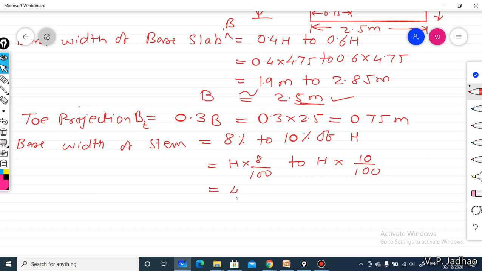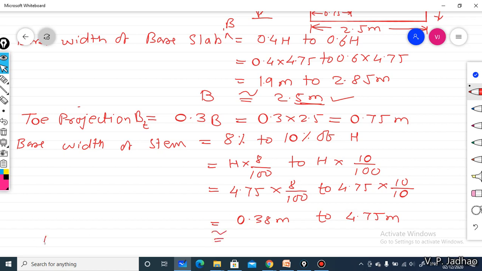We have h equal to 4.75 meter, so 8% is 4.75 into 8 by 100 to 4.75 into 10 by 100. So this value comes out to be 0.38 meter to 0.475 meter.